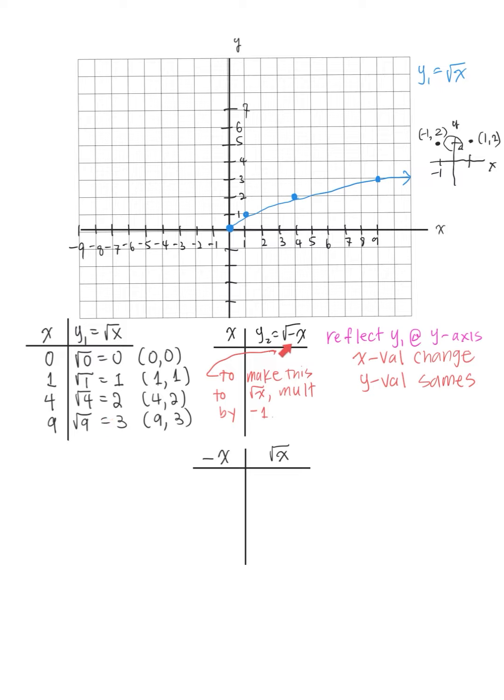Okay, but this is square root of negative x, so I need to get rid of that minus sign by multiplying by negative 1. And here I need to multiply by negative 1 as well. So therefore, this is the chart. Okay, so let me just call this y2 or something like that.